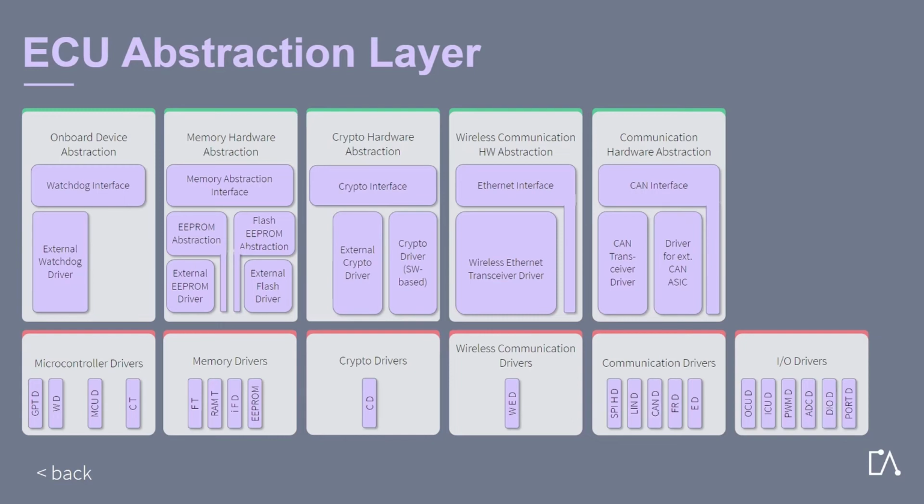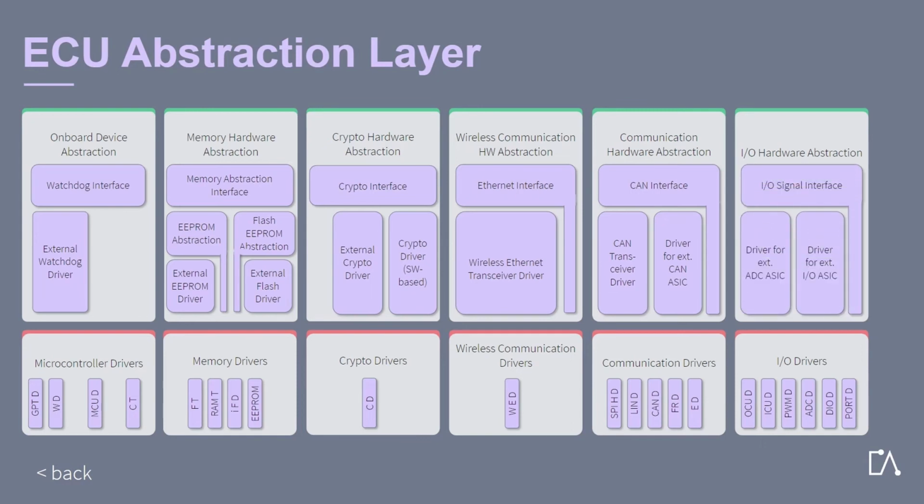The input-output hardware abstraction group is a group of software modules which abstract from the location of peripheral input-output devices and the ECU hardware layout, for example microcontroller pin connections and signal level inversions. The example shows how the different input-output devices might be accessed via an input-output signal interface.